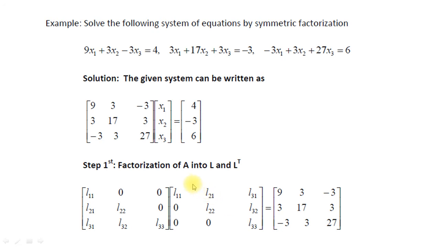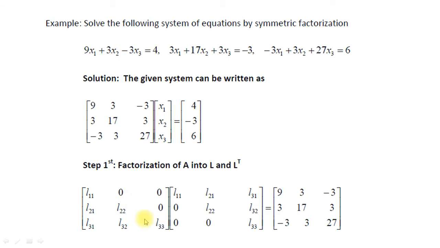And similarly in the Crout's method, we obtain the unknowns at the diagonal of the lower triangular matrix and 1, 1, 1 at the diagonal of the upper triangular matrix. But in the Cholesky method, the diagonal entries of both matrices will be unknown and will be the same, like you see over here, L11, L22, L33. So these unknown representations will be the same.